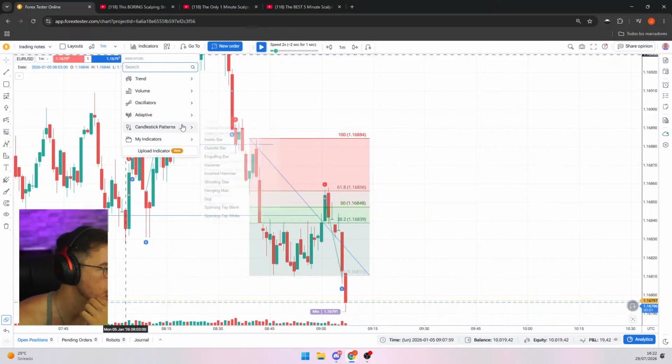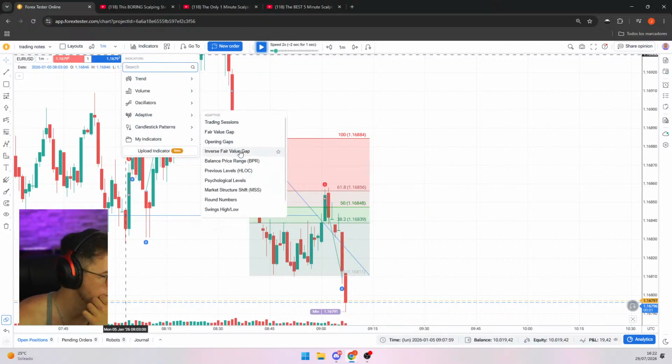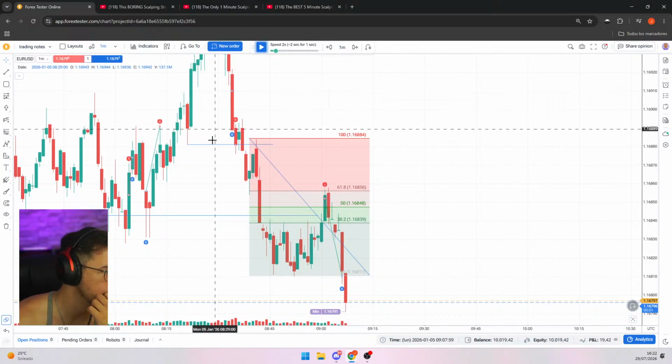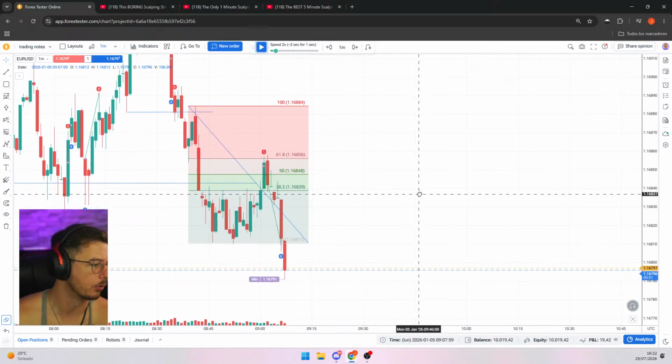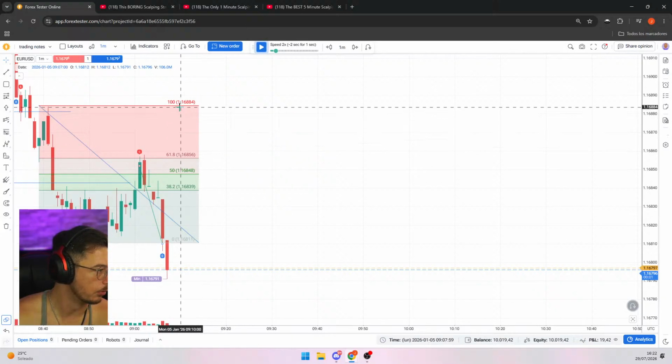Can't remember if we had any more. No, we don't have an indicator to actually show exactly the ones that I want to look at, unfortunately.